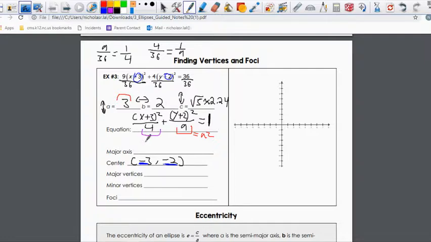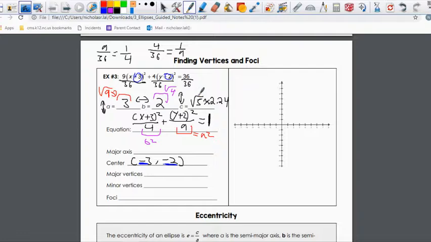That 4 is equal to B squared. So 3 is equal to the square root of 9, and that 2 is equal to the square root of 4.